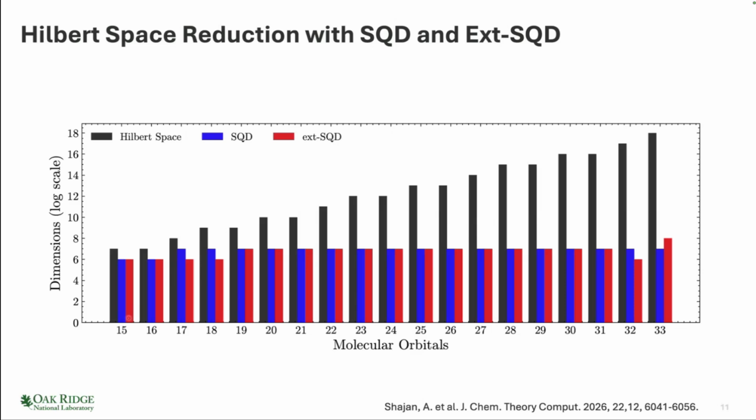Even for our smallest fragments, there's about a 1 order of magnitude reduction versus in our largest cases, we have an enormous reduction occurring with this sample-based diagonalization technique, which is good because this diagonalization is being performed classically. So yeah, these Hilbert space sizes would not be feasible beyond about 22 molecular orbitals otherwise.